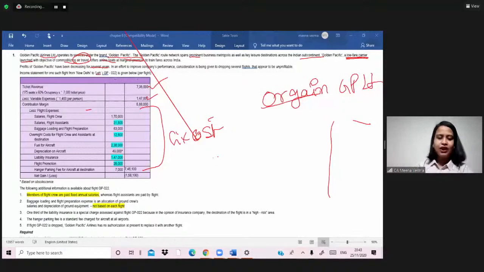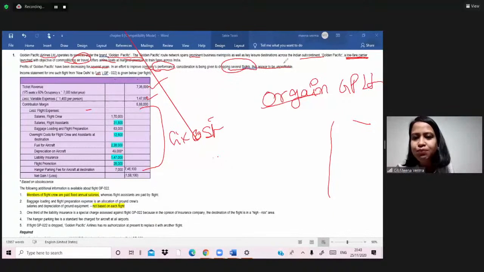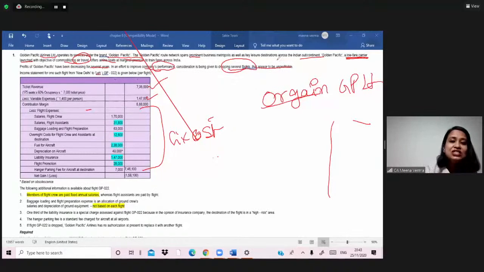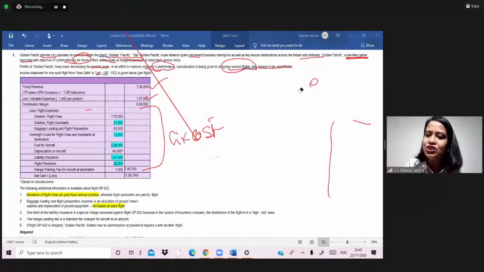So for that, they are putting in effort to find the reason why the profit is decreasing. So in an effort to improve the company's performance, consideration is being given to dropping several flights that appear to be unprofitable. Now see what the complete organization is trying to do.